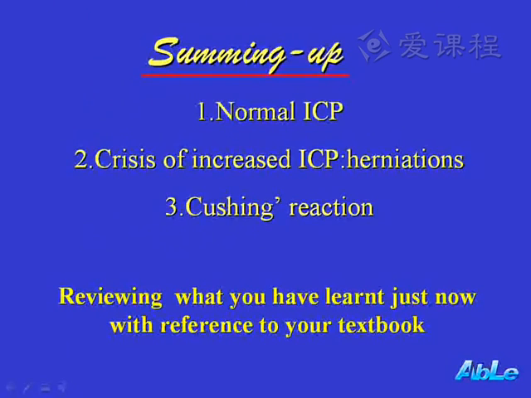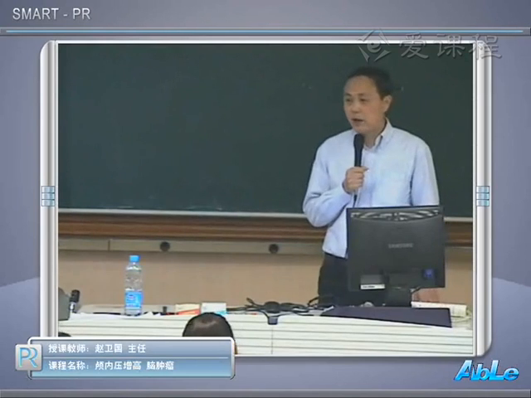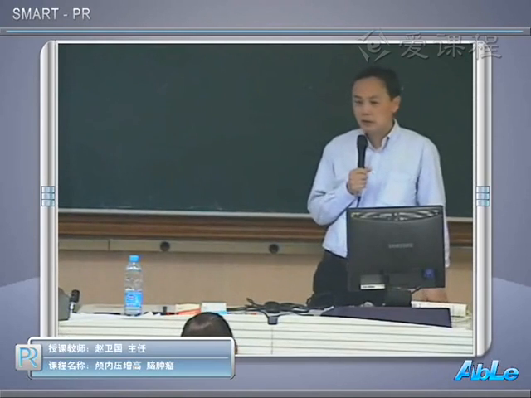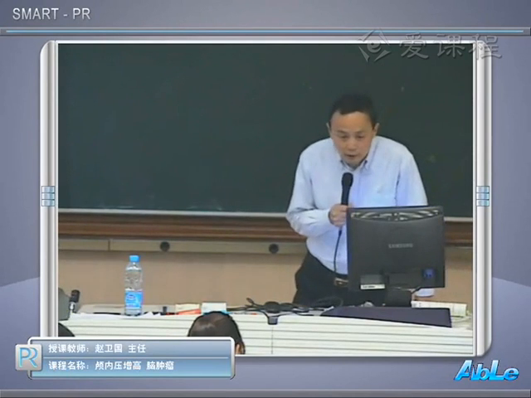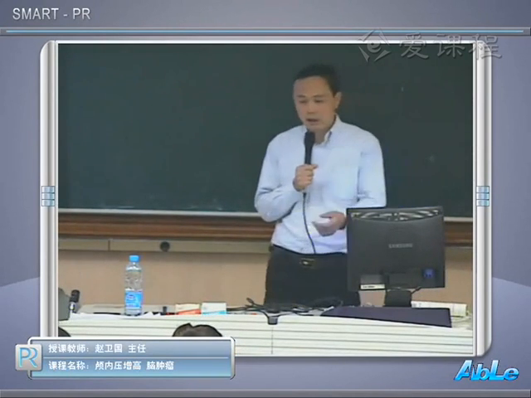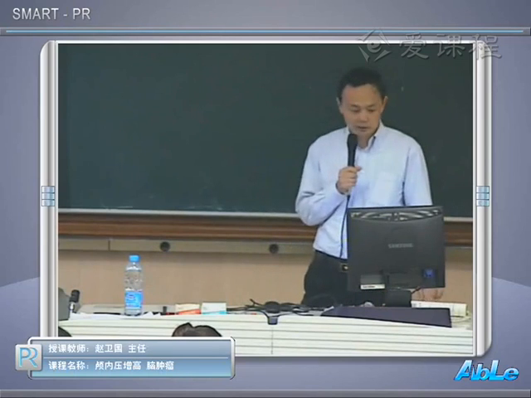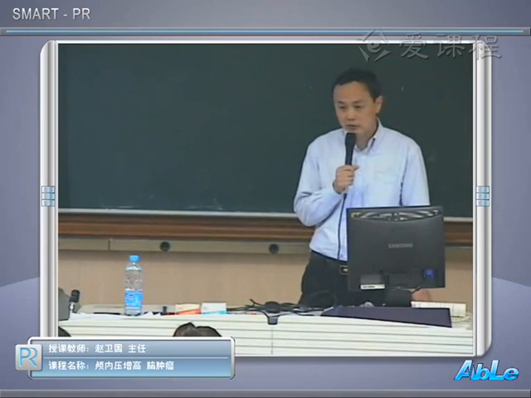Sum up. For this lesson, we talked about what is normal ICP, the range of normal ICP. So you have to remember the value of ICP. It's from what? I would like your response.